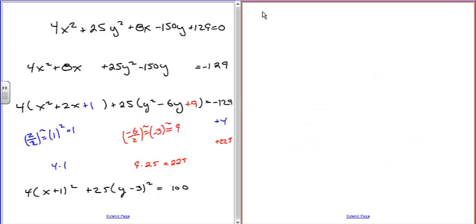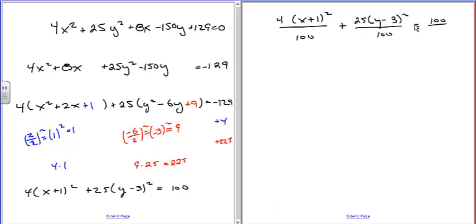Okay, we're almost there. Divide both sides by 100. So that means dividing every term by 100. So the right-hand side becomes 1. That's what we want.